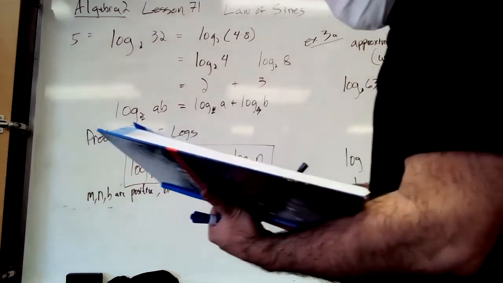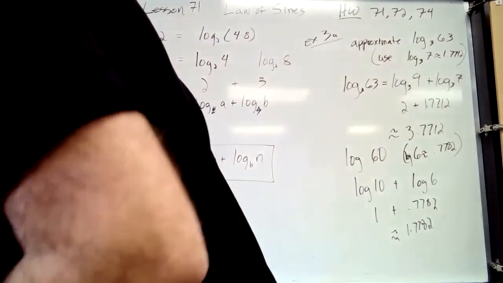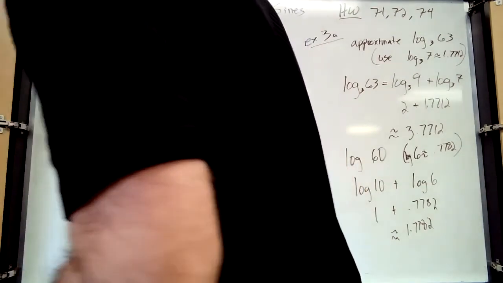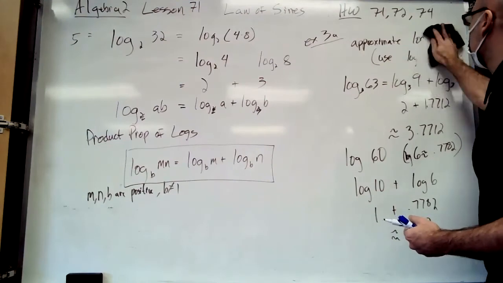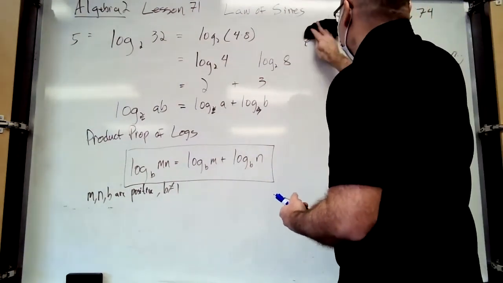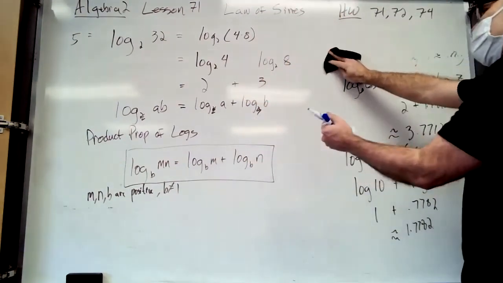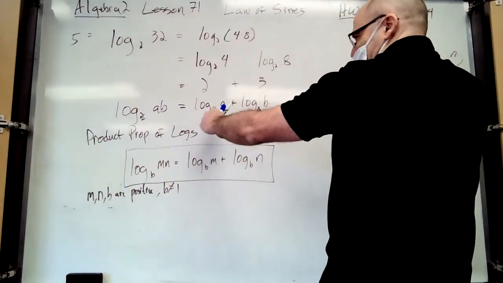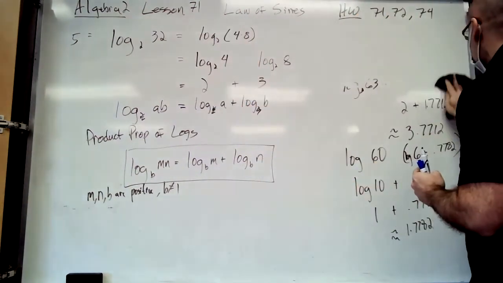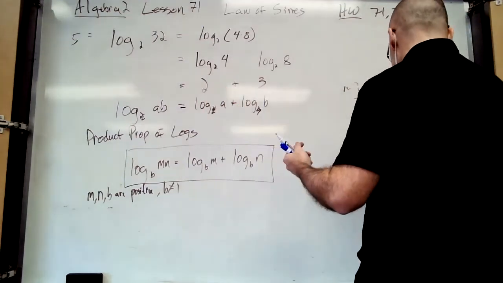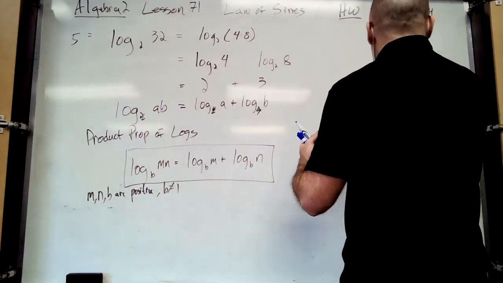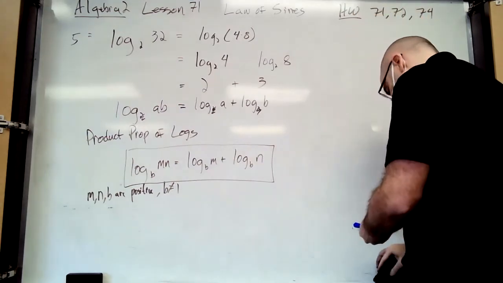Okay, couple more things. This kind of makes sense. What do you think the quotient property of logs is? Something to do with division. Well, if the product property is to add the logarithms, what's the quotient property? We subtract, which makes sense because when you divide exponential expressions, what do you do with the exponents?